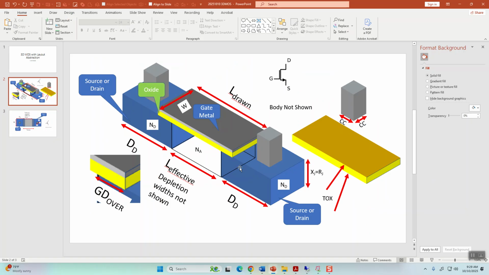Here's our sidewall perimeter, which has 4 sides, has a depletion capacitance, and then the bottom junction has a depletion capacitance. So let's just call this the drain. So you have the perimeter times a scale factor for the sidewall capacitance, and then you have this area, depth of drain times W times the bottom junction scaling capacitance.